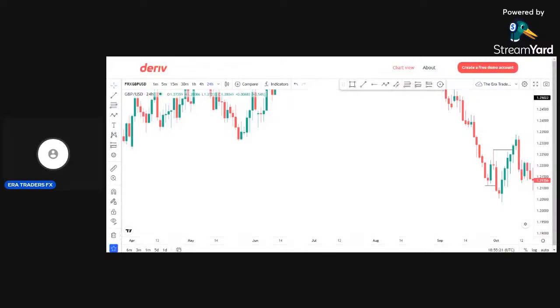So we have the external range liquidity and the internal range liquidity. The external range liquidity is divided into old highs, equal highs, relatively equal highs, relatively equal lows, old lows, and all that.